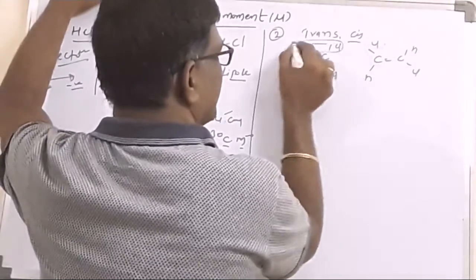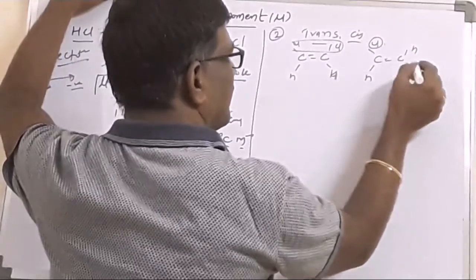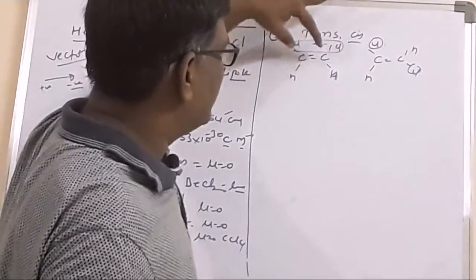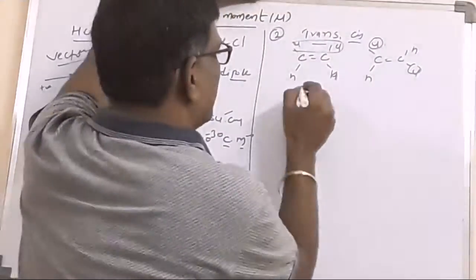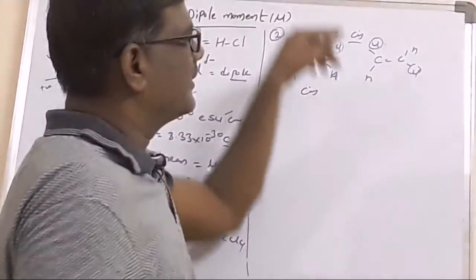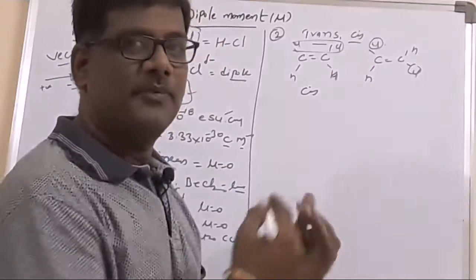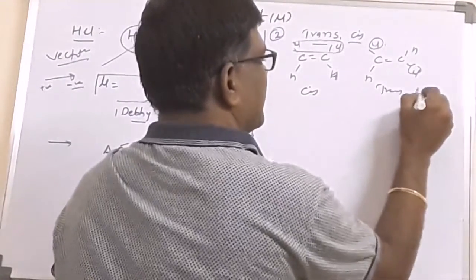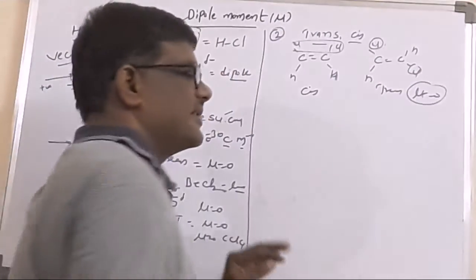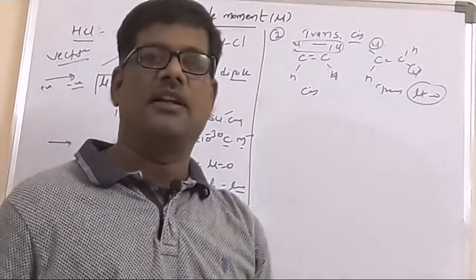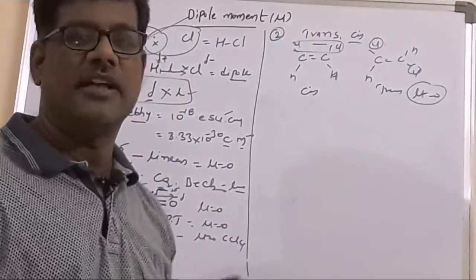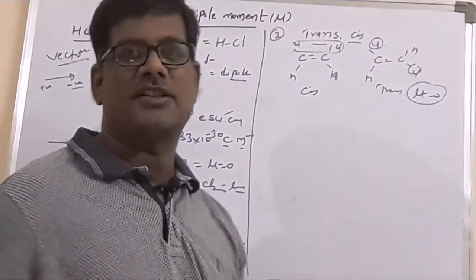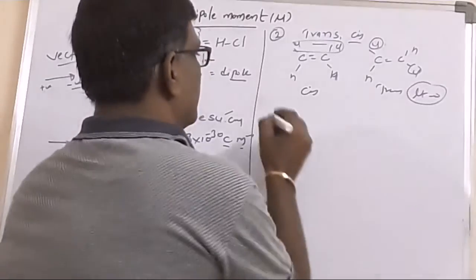Here, 2 chlorines are on the same side of the double bond. Here, 2 chlorines are in the opposite direction across the double bond. When the same groups are on the same side of the double bond, the compound is called cis. When the same groups are on opposite sides of the double bond, it is called trans. Trans will have dipole moment equal to 0 because the dipoles are equal and opposite, so the net value will be 0.